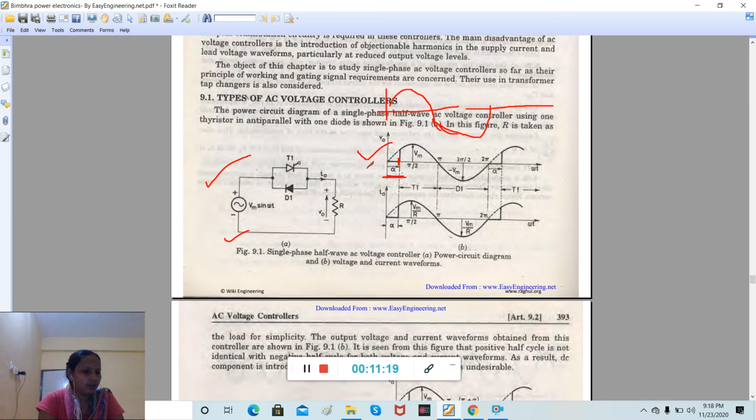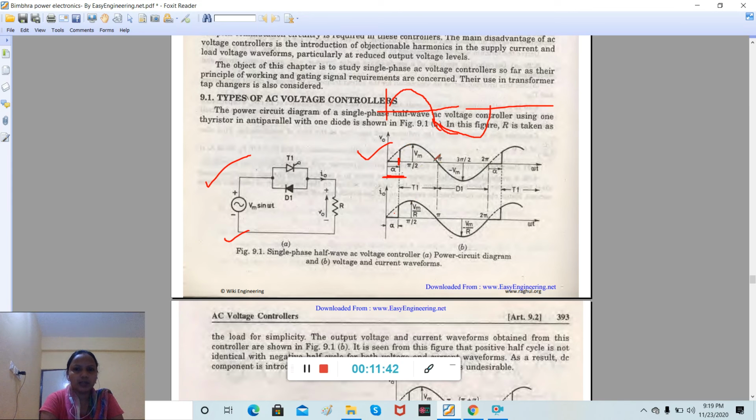So the waveforms of the load voltage V0 and load current I0 are in phase, whatever be the voltage waveform, likewise the current waveform. The thyristor gets turned off at omega t equal to pi for resistive load.